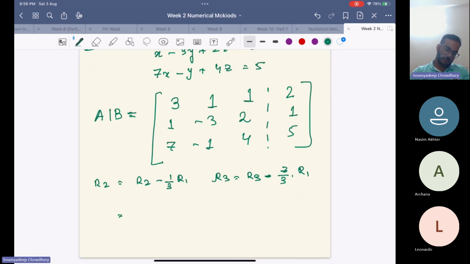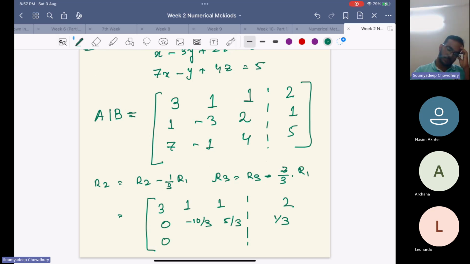So if I find out what this is, 3, 1, 1, 0 minus 3 minus 1 by 3 is minus 10 by 3, 5 by 3, 1 minus 2 by 3 is 1 by 3. 7, this is 0, minus 1 minus 7 by 3 is minus 10 by 3, 4 minus 7 by 3 is 5 by 3, 5 minus 14 by 3 is 1 by 3.